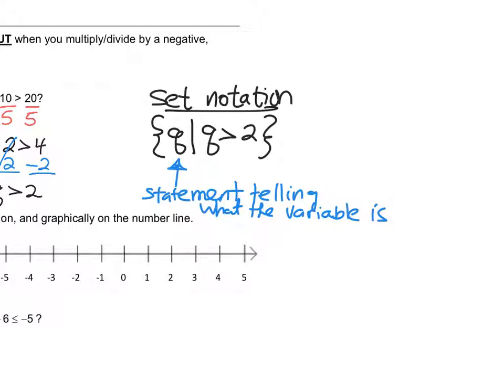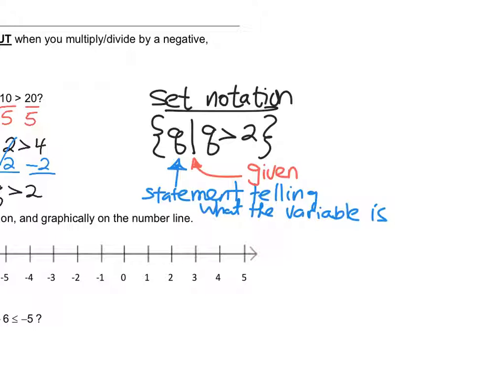That vertical line means given. And then the other part I think is obvious, that's the solution to the inequality. So what this reads as is Q, given that Q is greater than 2.